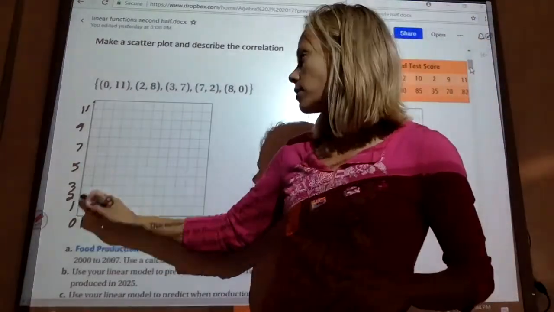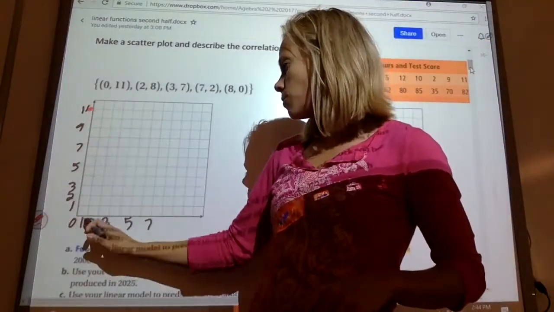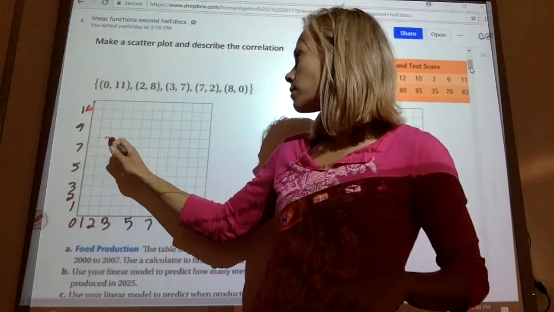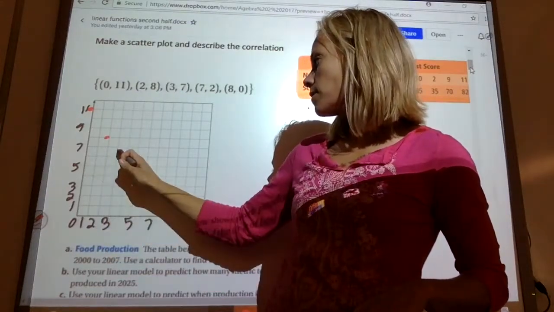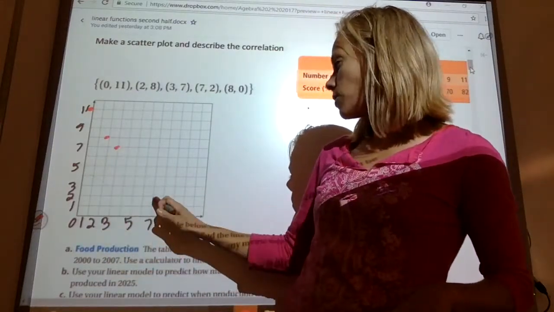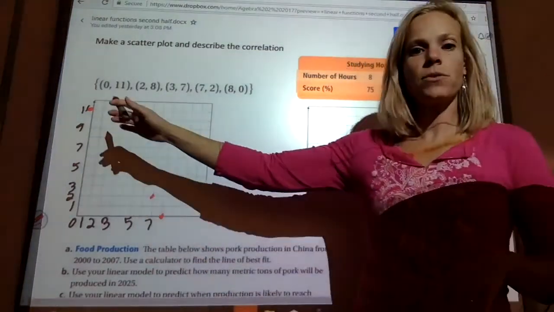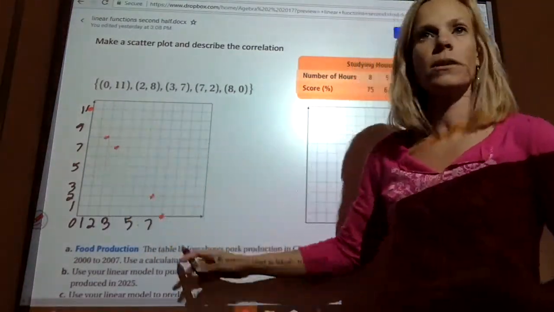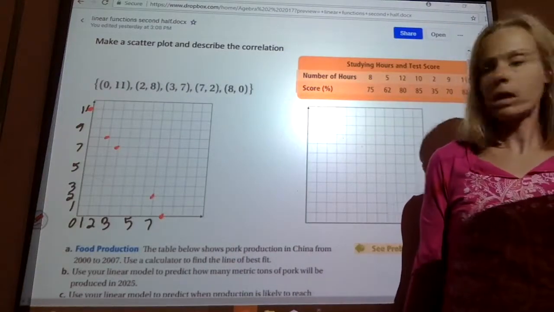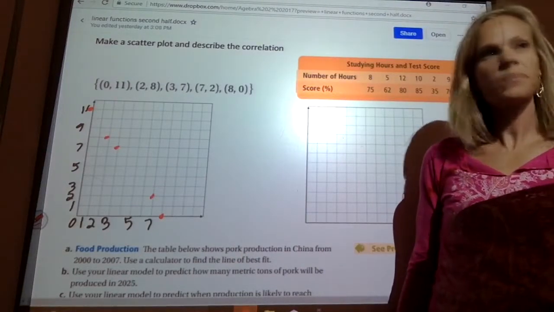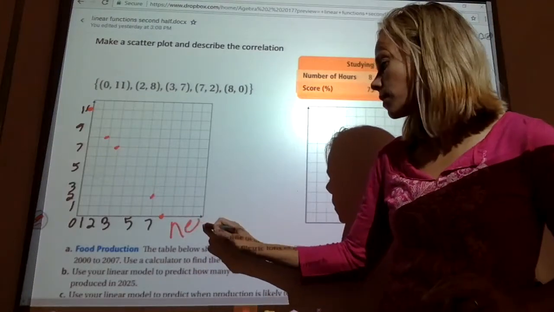So 0, 11, 2, 8, 7, 2, 8, 0. And once you have them graphed, you can see what kind of correlation that is making. Yeah, I would say a negative correlation.